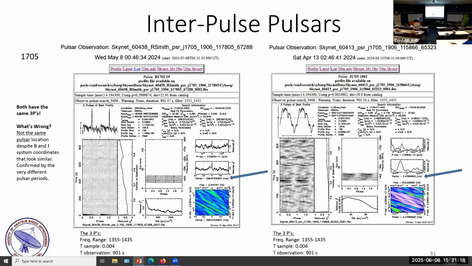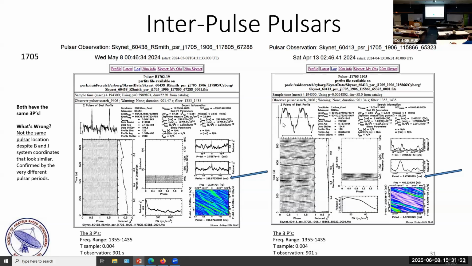Now we have RA 1705. Here's an interesting one. Here's one I said is RA 1705. And if you look at the actual RA and declination, they're pretty close. They also have the same 3 P's, identical parameters, and they look so different.